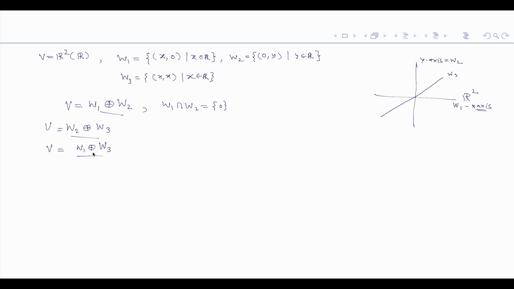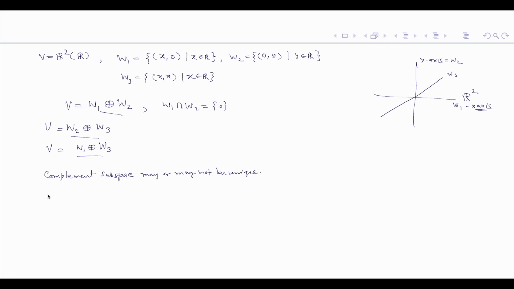So what you can say is that complement subspaces may or may not be unique.